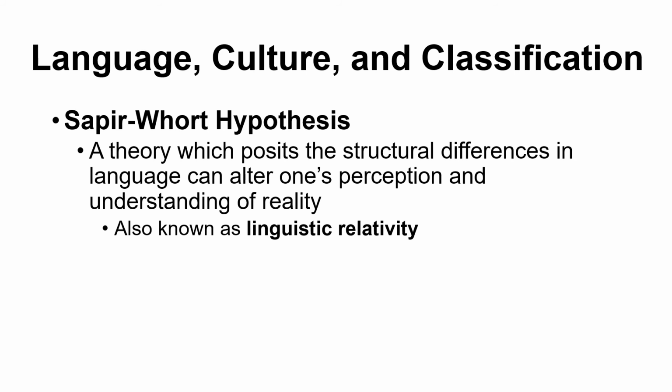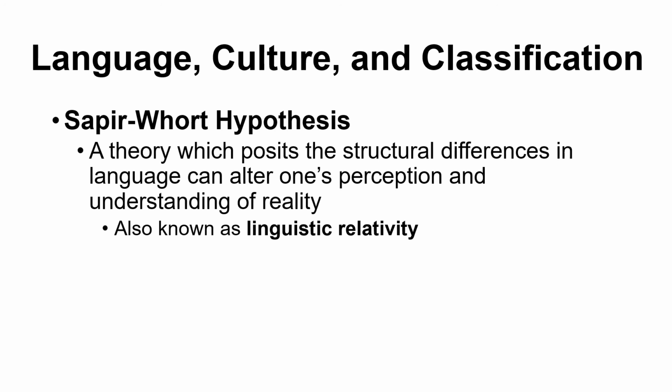So we might also call this linguistic relativity, but the idea is that different languages organize information in different ways. So we might have more words to describe certain things, or we might talk about relationships between items in different ways. And this theory basically says that the organization that's involved in the language can influence how we see the world because it sets up a structure in our minds for how we interpret that information.